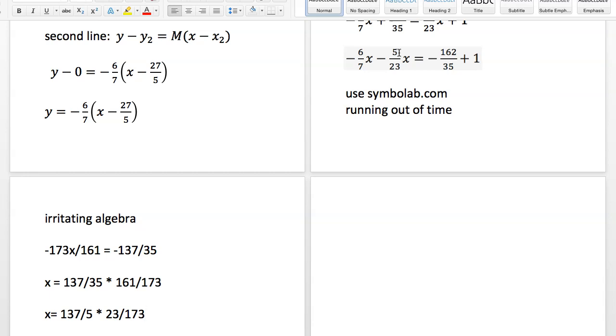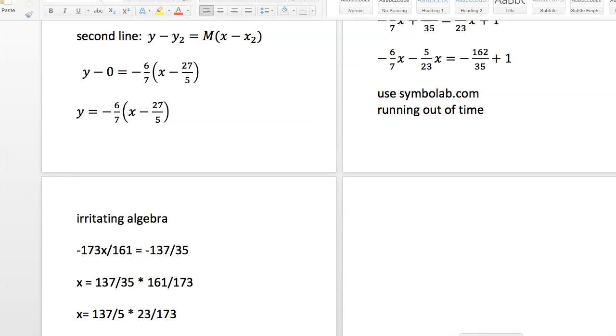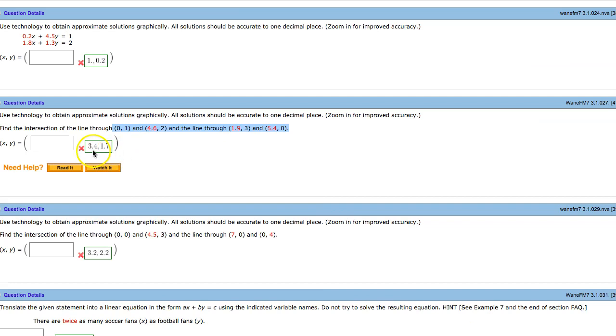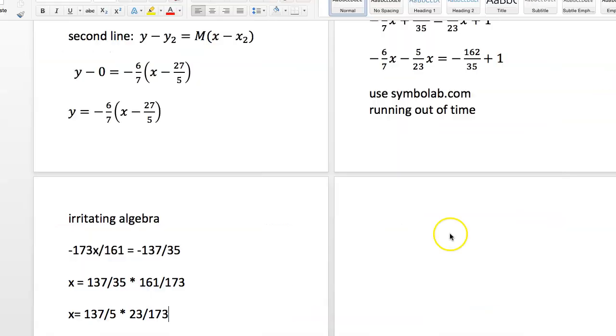Wait, 173 over 161. No. And then that's with the x, and that's neg. And then now I'm getting a positive x. Find the intersection of the line. I'm getting 3.64, but now 5.4. Let me go back and just make sure.